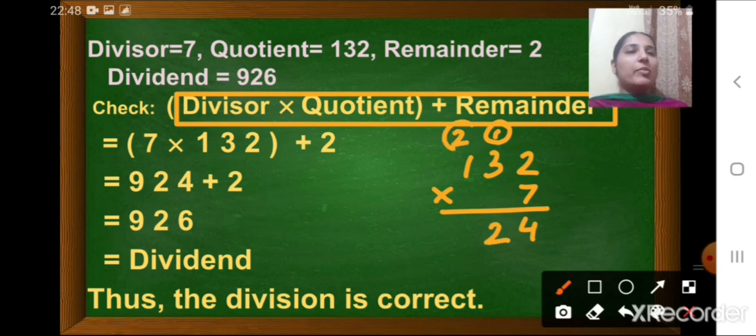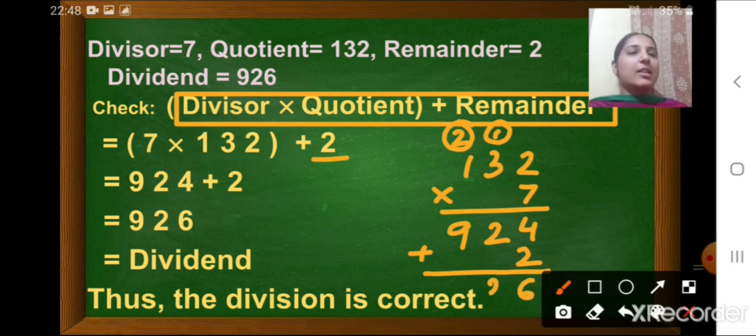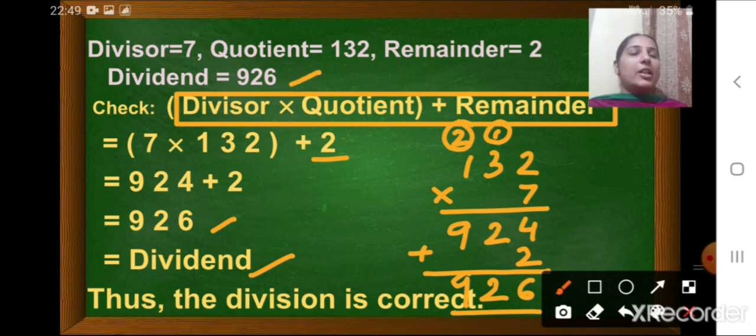And again this 2 will be carried over to the hundreds place. Now 7 1s are 7, plus 2 added to it, 9. So 924, and then we'll add that remainder to it, which is 2 here. So 4 plus 2 is 6, then 2 and 9. So 926. We got the dividend back here, isn't it, children? 926, that was the dividend. So what does it show? It shows that the division is correct.